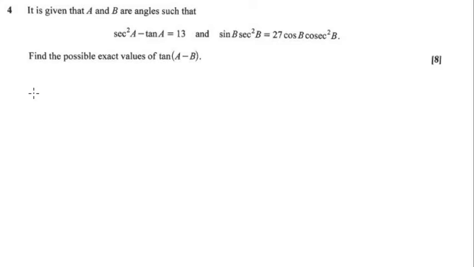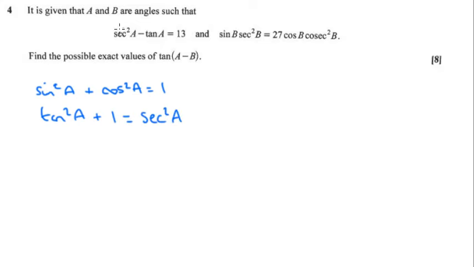If we take sine squared a plus cos squared a equals 1 and divide each of these terms by cos squared a, then we get tan squared a plus 1 equals sec squared a.